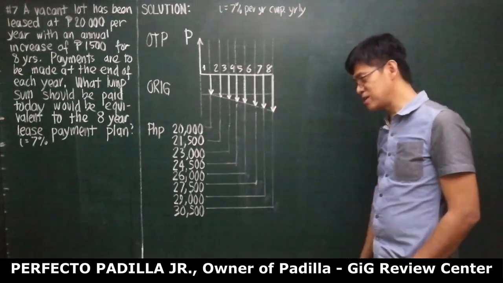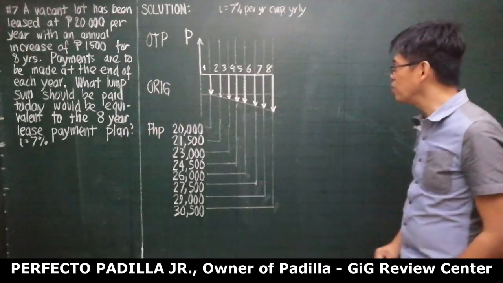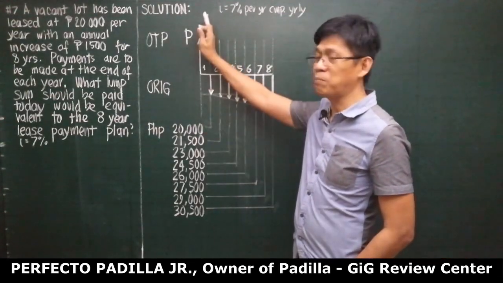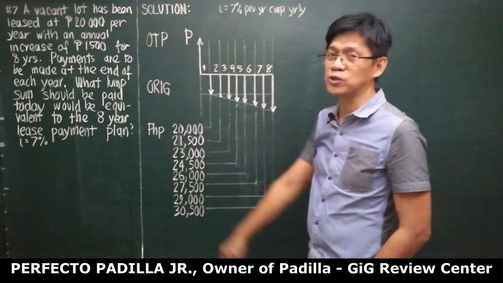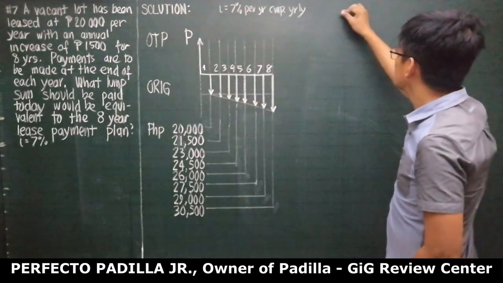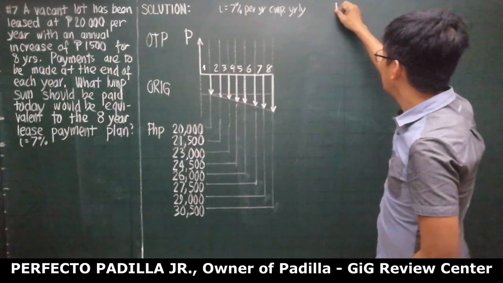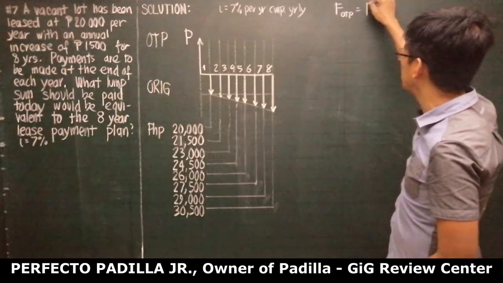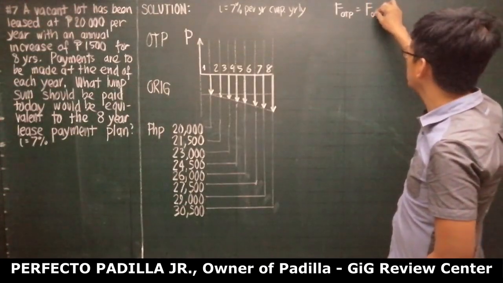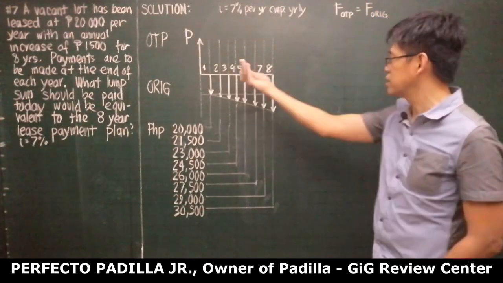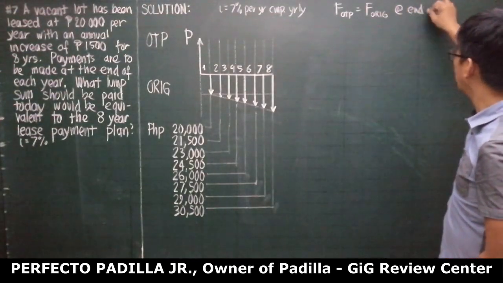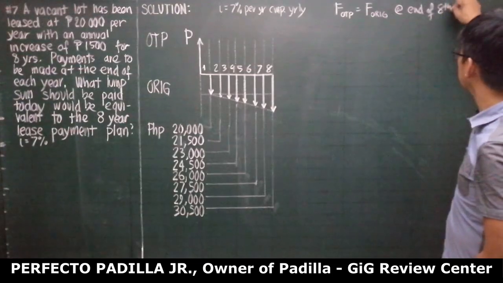Okay? So, let's do it. So, ang magiging key equation natin dito simply is the future of one-time pay is future of original, no? So, key equation, the future amount of one-time pay must be equal to the future amount of original. And I will choose yung extreme future, which is the end of 8th year.